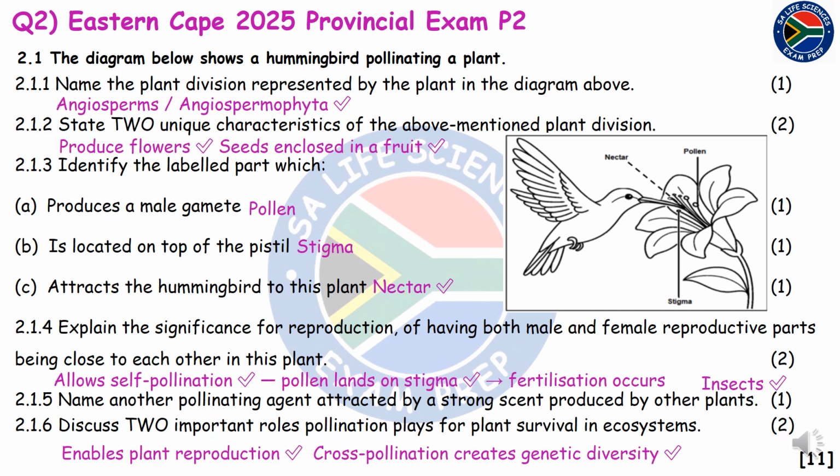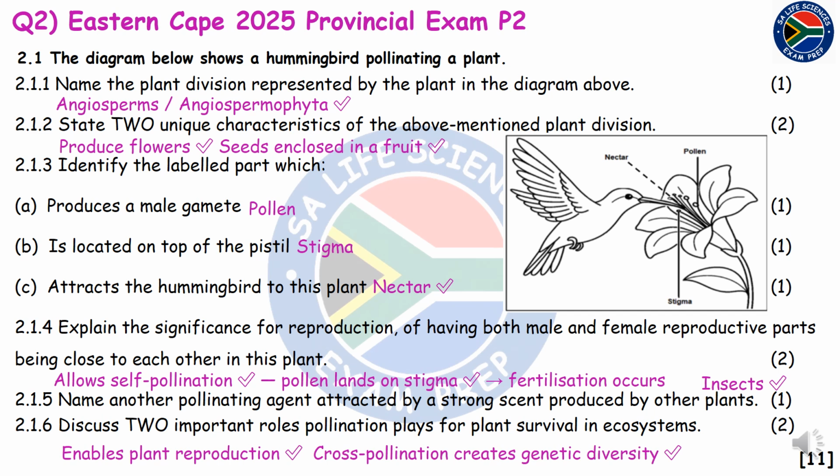This actually makes them the most diverse division. And their seed is enclosed in a fruit. It isn't enough to say that they produce seeds because gymnosperms also produce seeds. But what is the difference between the two? In angiosperms, the seed is enclosed in a fruit, and in gymnosperms, the seed is naked. Remember, gymno means naked, angio means vessel or to be enclosed within something.